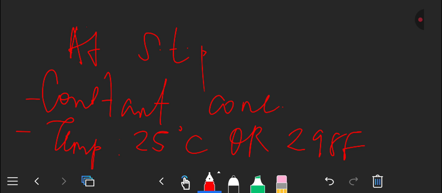Also the pressure must be 1 atmosphere. So the pressure must be 1 atmosphere, the temperature must be 25 degrees Celsius, and the concentration must be constant for this volume to be measured at standard temperature and pressure.